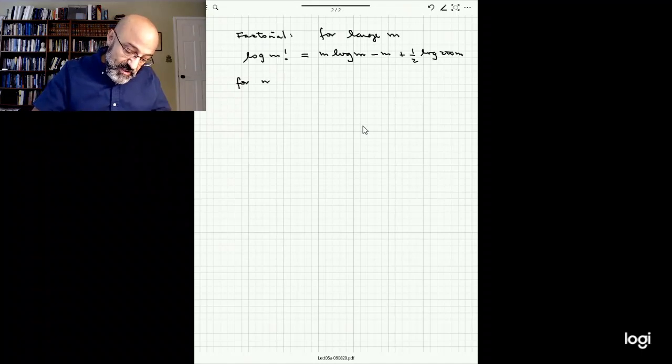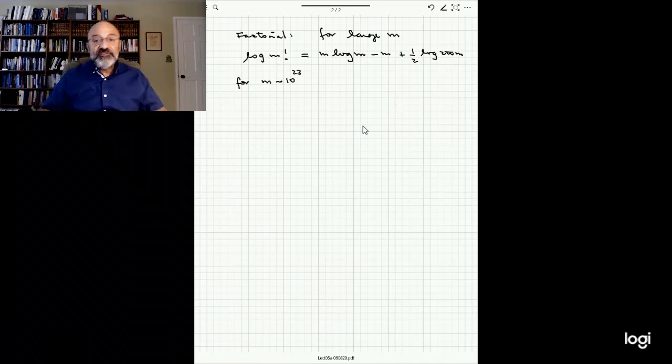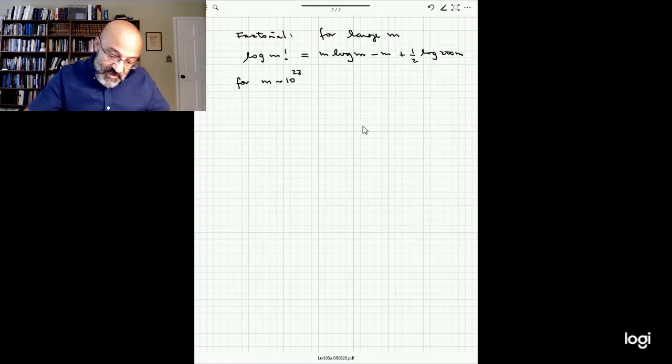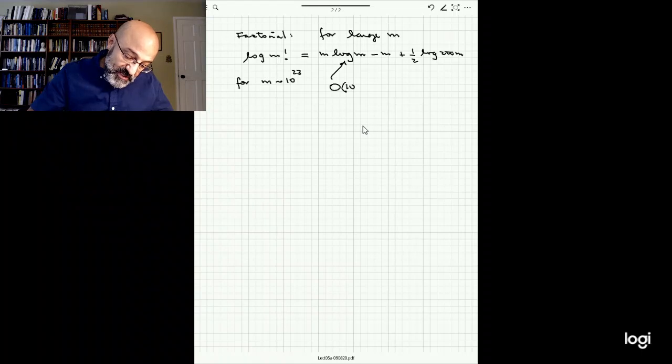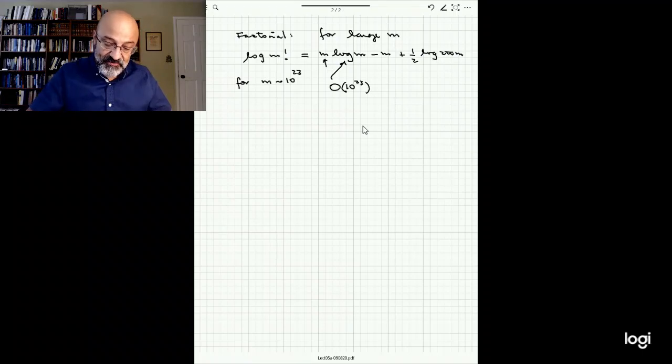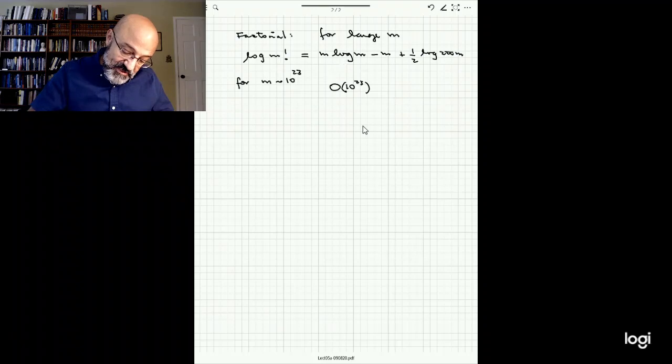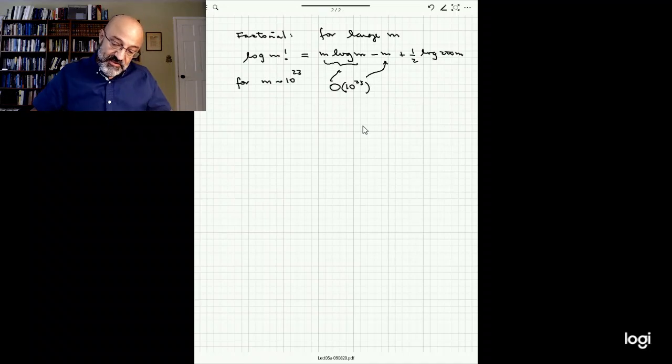For m of the order of, say, 10 to the 23, clearly this term is of order 10 to the 23. It's m multiplied by the log of m. So that's this term. Same thing happens with that term.